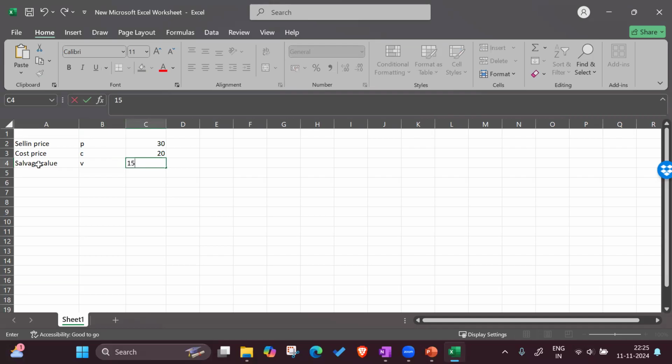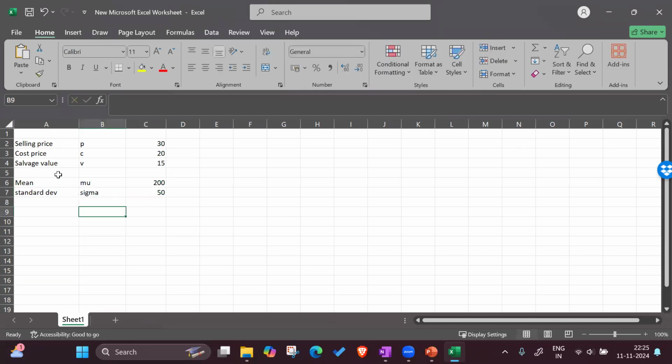Okay. Now, let's say for example, our demand is following a normal distribution with mean, which is mu, which is going to be about, let's say, 200, and standard deviation sigma, which is about, let's say, 50. So this is the demand that is given.